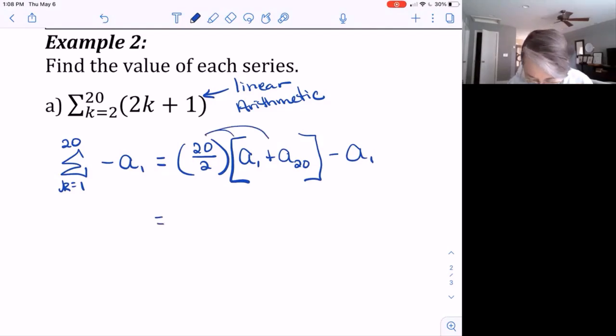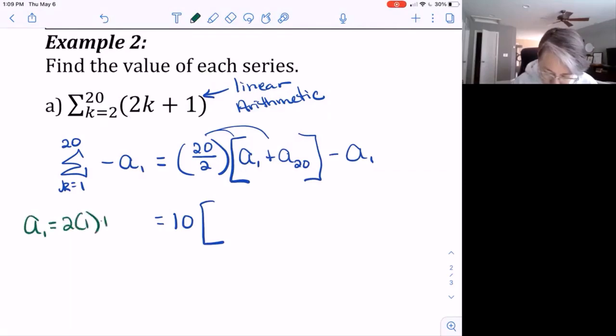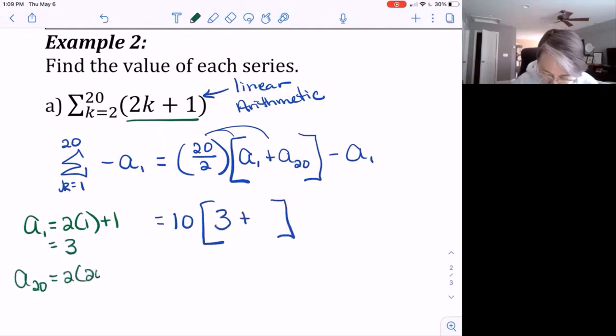So 20 divided by 2 is 10. Our first term, we can do that over here. Our a sub 1 is going to be 2 times 1 plus 1 using this formula here. So our a sub 1 is going to be 3. And then our a sub 20, when we plug it in, that's 2 times 20 plus 1. So that's going to give us a 41.